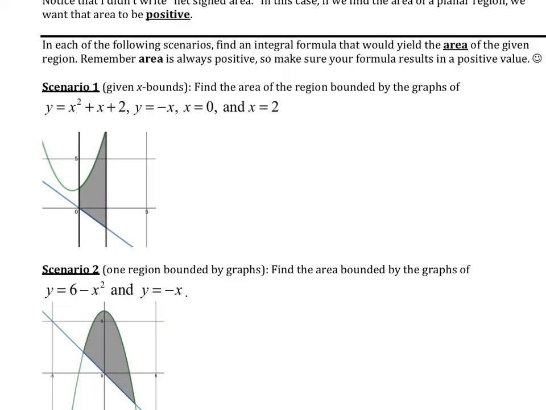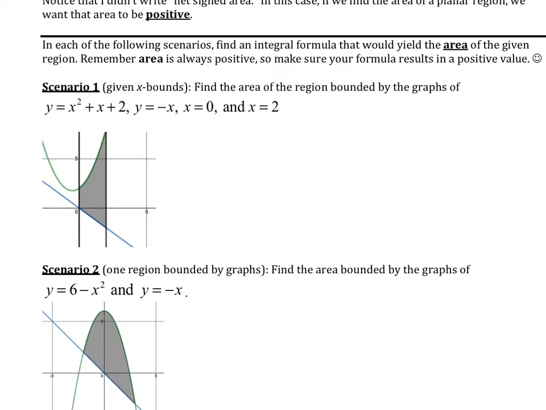Let's start with this first scenario. This first scenario is when we're given x bounds. If we're given x bounds, we want to find the integral formula that would yield the area of the given region. And we have 2 graphs here. We have the equation y equals x squared plus x plus 2. That's done in green.